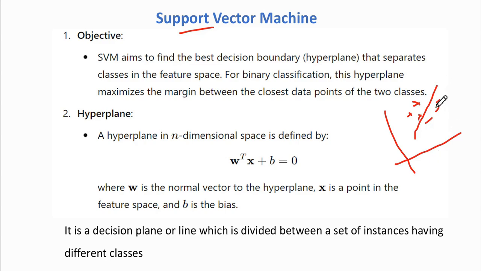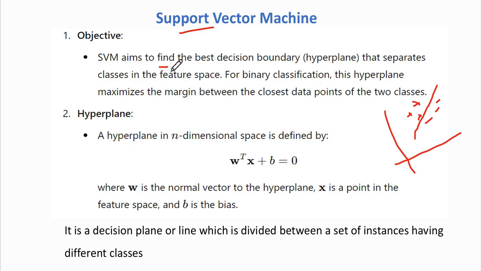Apart from this hyperplane we also find two other hyperplanes, the positive hyperplane and the negative hyperplane. If the data set contains only two features, we just find a straight line. If the data set contains more than two features, then that line is called a hyperplane.